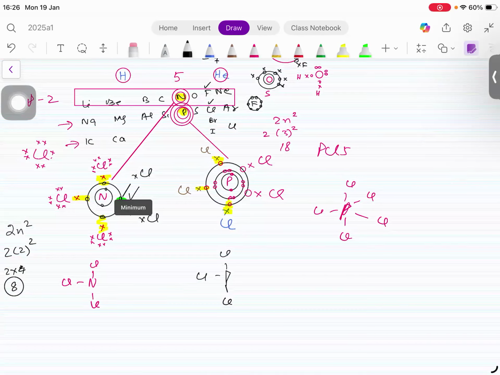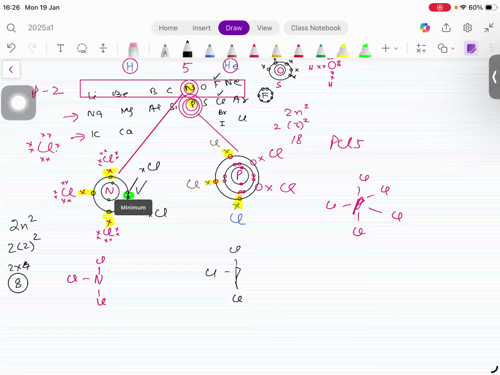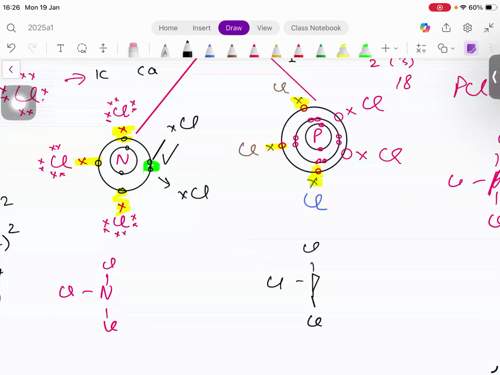Yes, they must use all these electrons. Okay, please give the heading expansion of octet.